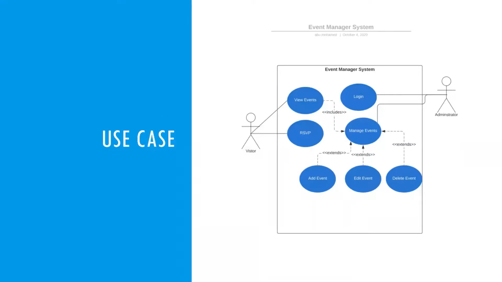All right, and here's a use case diagram. It visually shows what the actors are doing, the visitor, aka user, and then the administrator. So like I said, the user can view events, RSVP, and then the administrator will log in and be able to manage events.